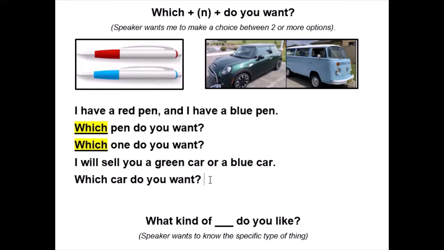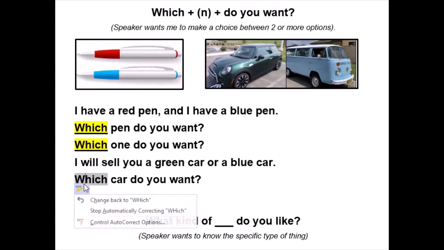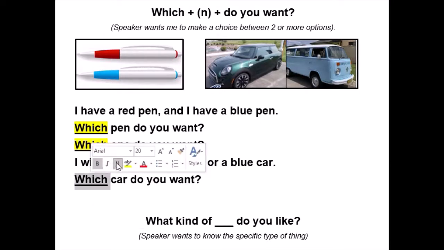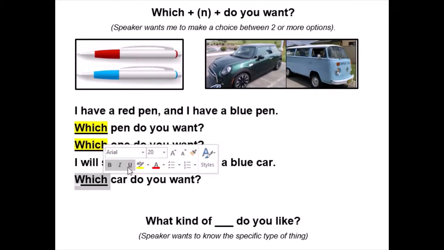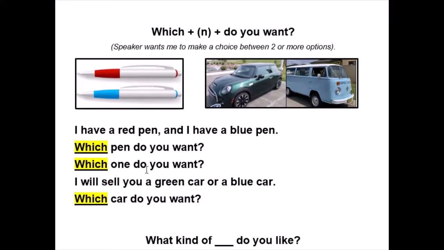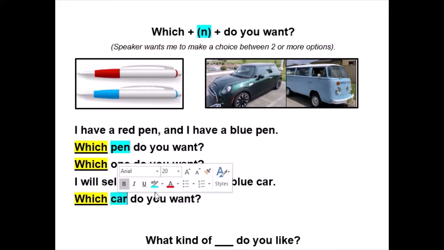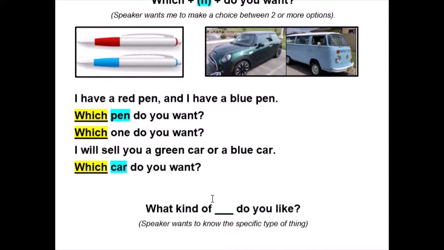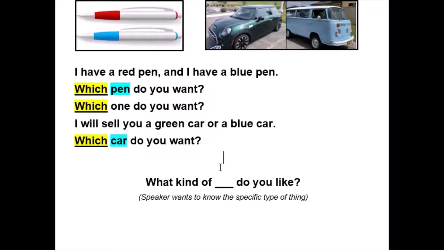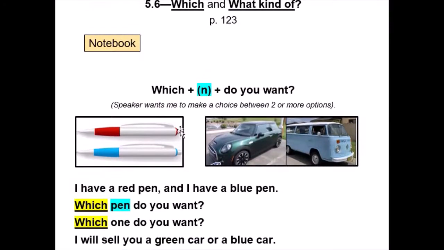Okay, and again, I have 2 or more choices, and I can use which with a noun. That's the noun that I'm choosing. Okay, which pen, which car. Okay, so that's using which for questions.